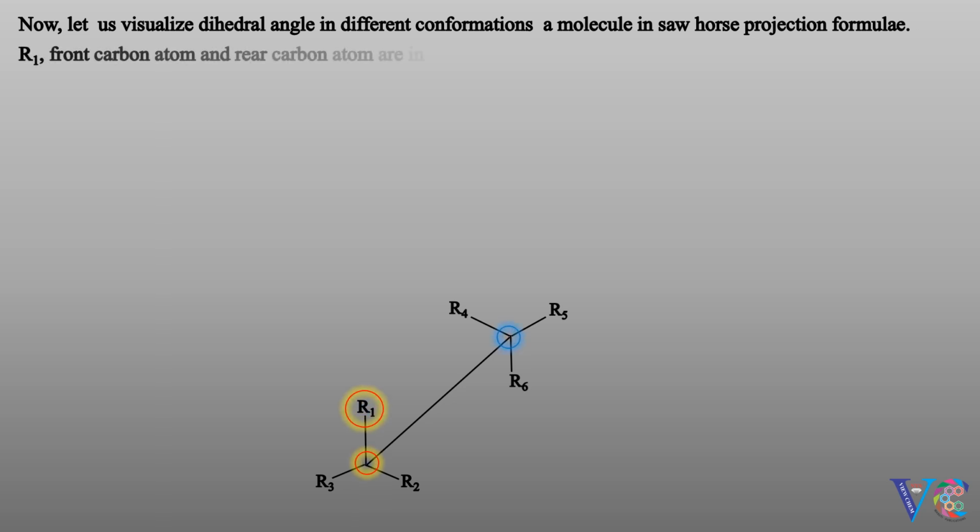Now, let us visualize the dihedral angle in different conformations of a molecule in sawhorse projection formulae. R1, front carbon atom, and rear carbon atom, are in one plane, X-plane.